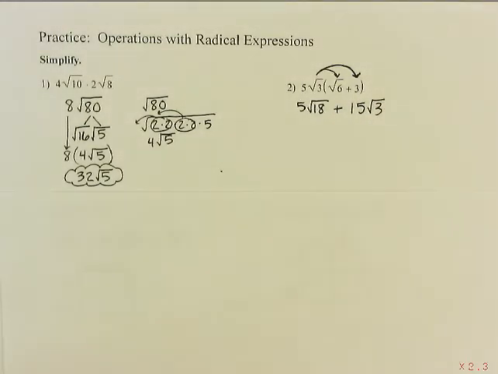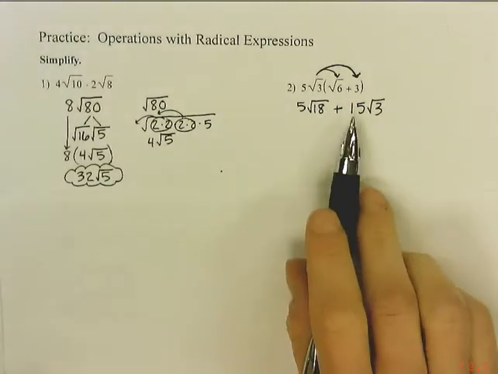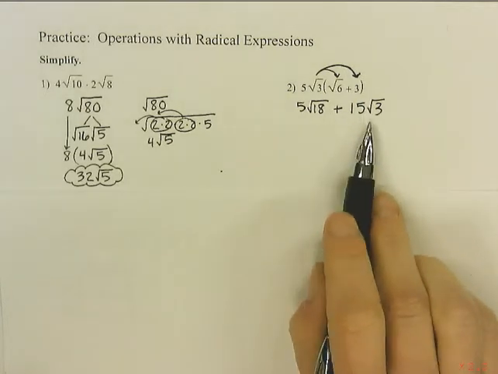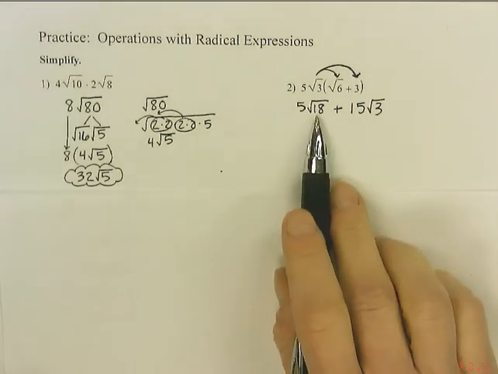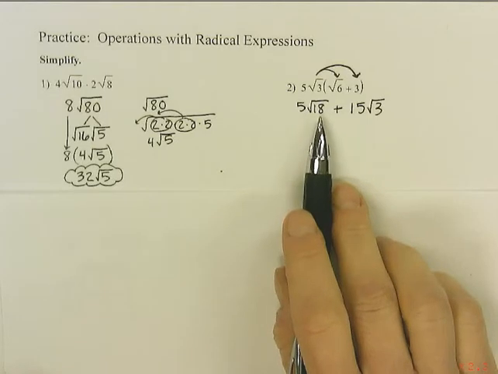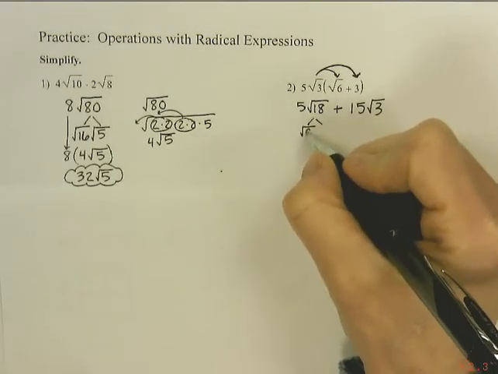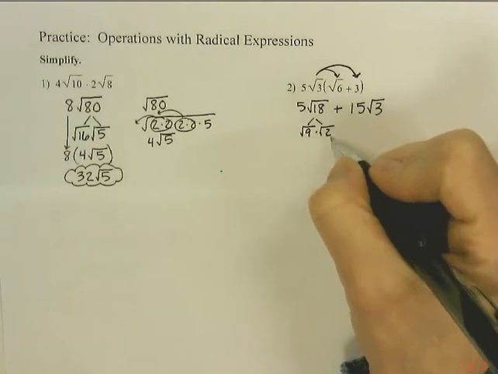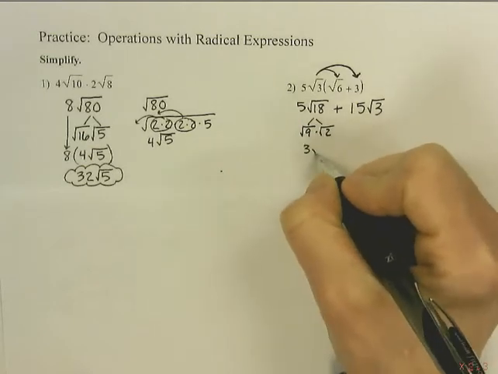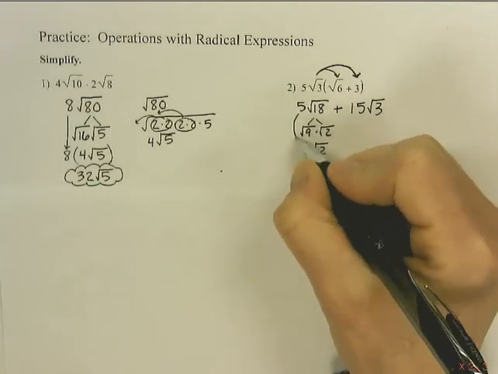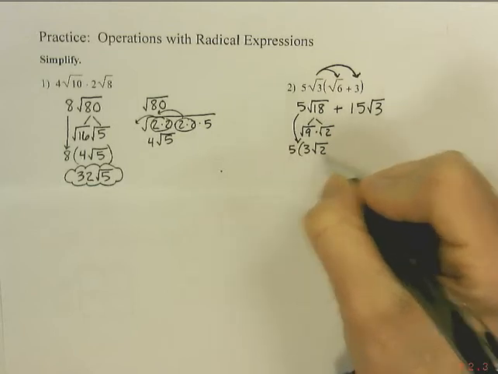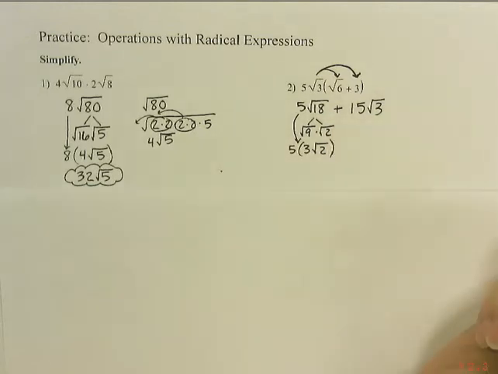And again, double check that all of your radicals are in simplified form. 15 root 3 we can't do anything else with, but 18, notice, if you do a factor tree, can be 3 times 3 times 2, or root 9 times root 2, which simplifies to 3 times the square root of 2. Drop down the 5, which is multiplied by that.